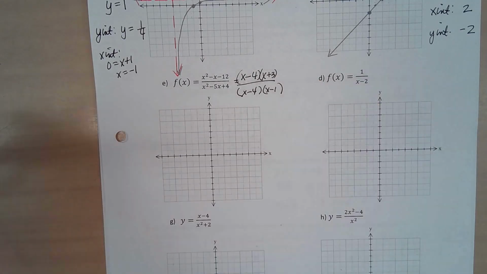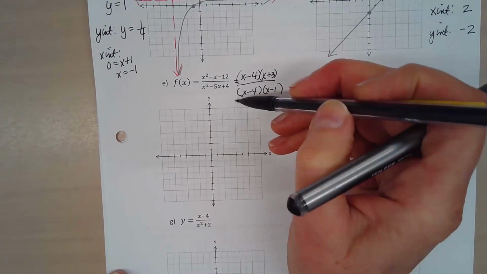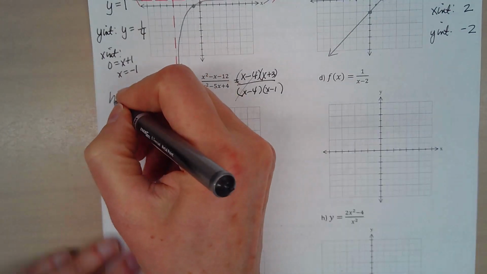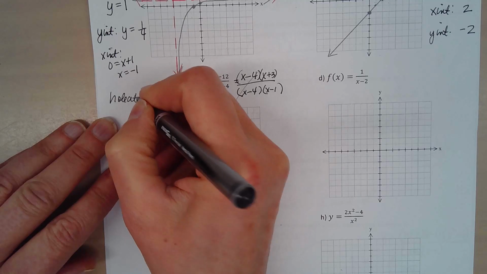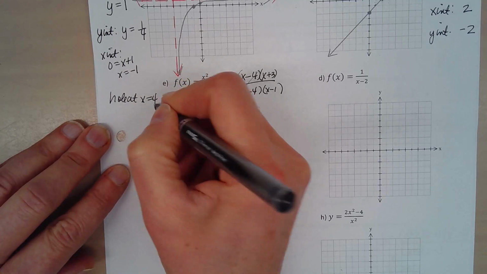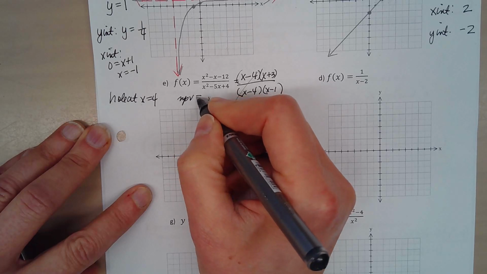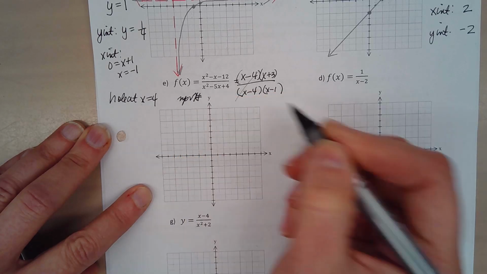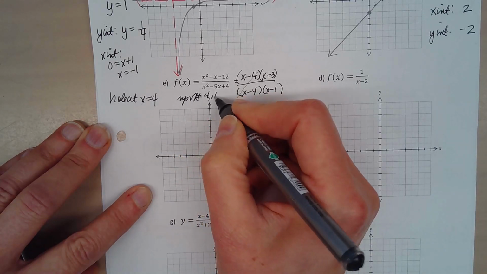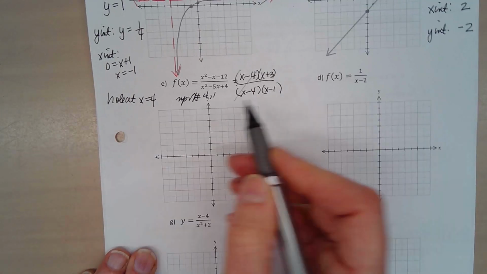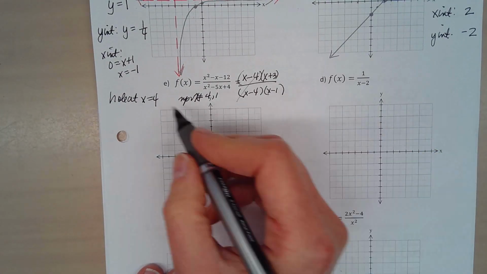Perfect. So I get a common factor, which means there's a hole at x equals 4, right? My non-permissibles are x can't equal 4 and 1. Okay, so there's a hole at 4. What's the y coordinate where the hole is?